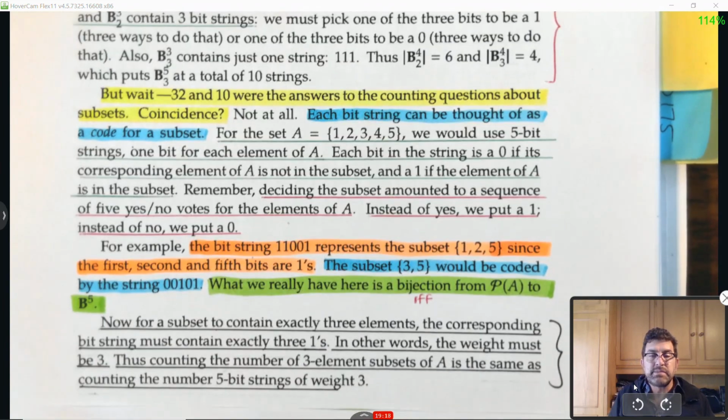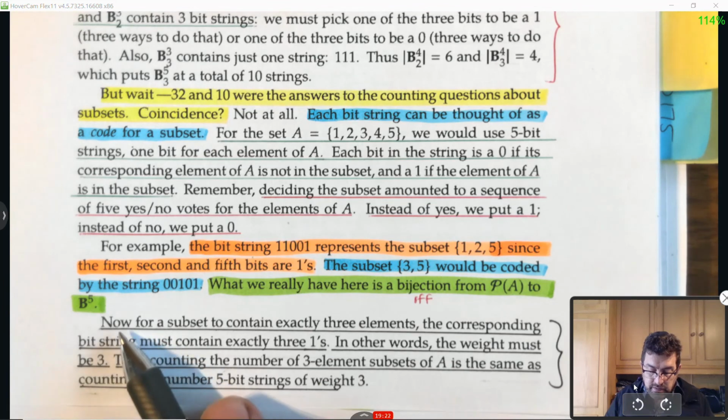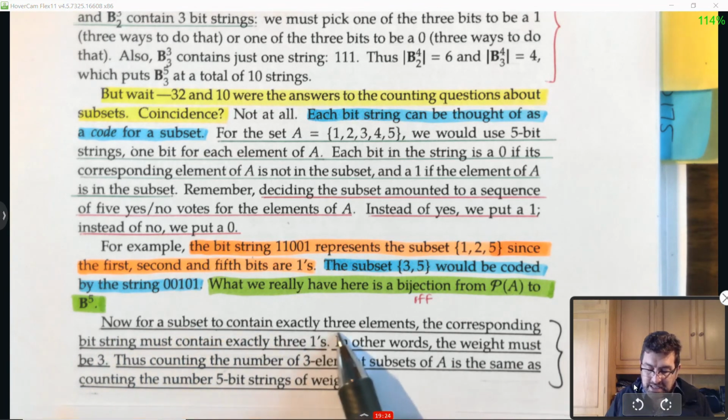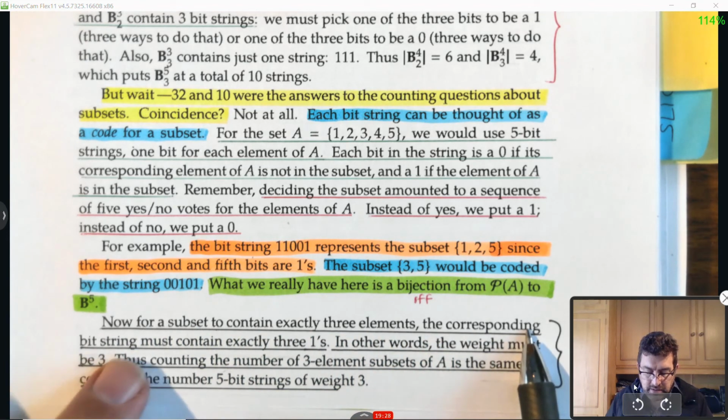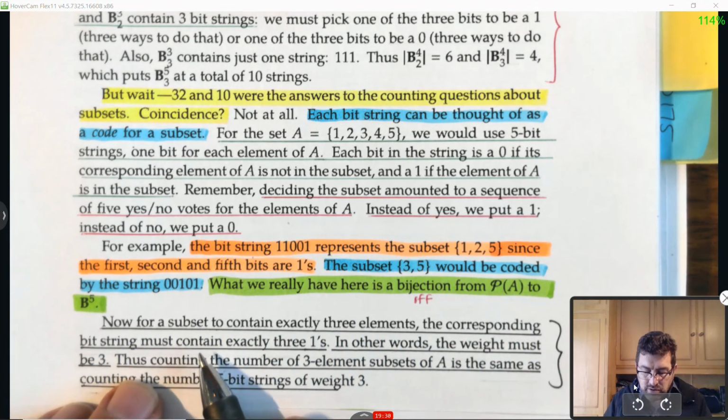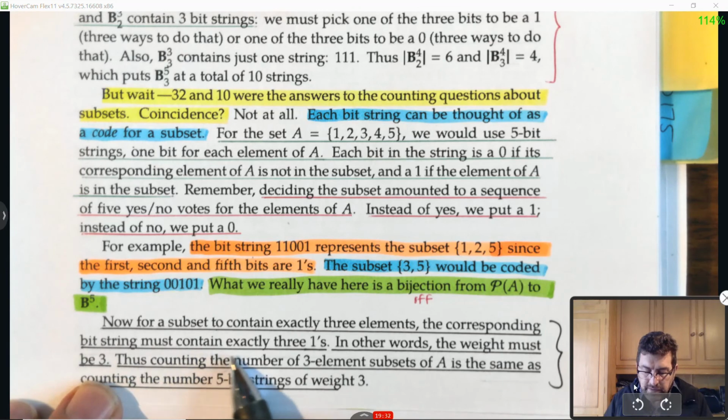For a subset to contain exactly 3 elements, the corresponding bit string must contain exactly 3 ones.